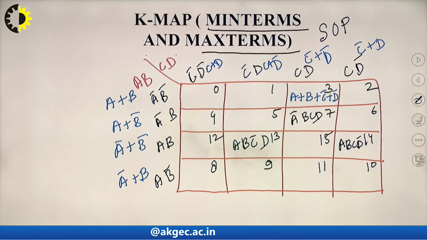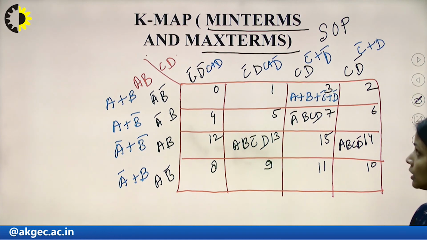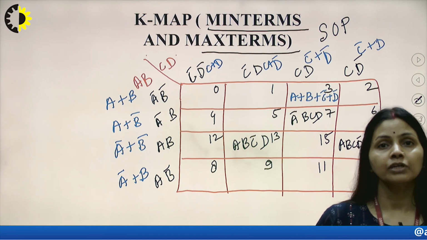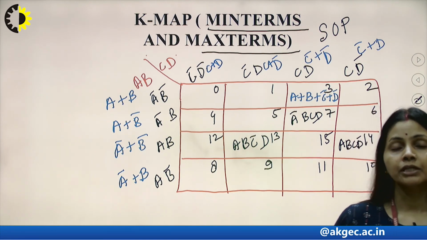Okay, so this is how we can write the product of sum. So in this type of K-map representation, we just write the min terms and max terms in this way.